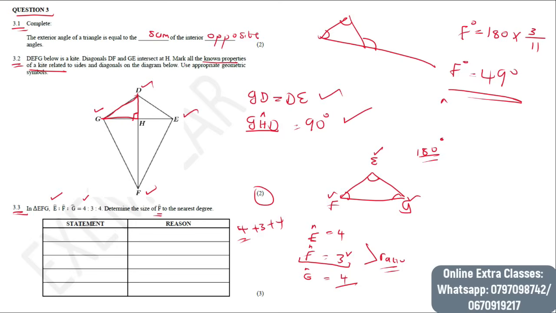The reason for this is the sum of angles in a triangle, because we know that the sum of angles in a triangle should give us 180 degrees. So when we add this angle and this angle and this angle, we should be able to get 180 degrees. And we also used the ratios that we were given.